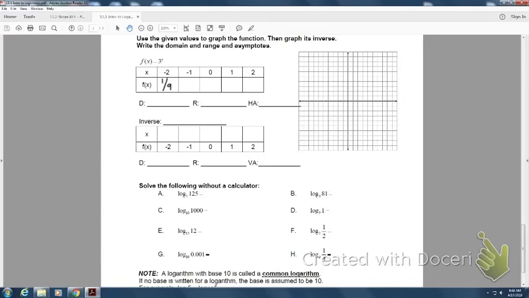That's all it does. So 3 to the power of negative 1 is what? 1 over 3. 3 to the power of 0 is what? 1. 3 to the power of 1. 3 squared. Okay, go ahead and graph those for me.